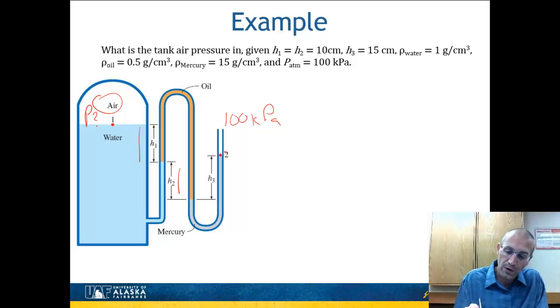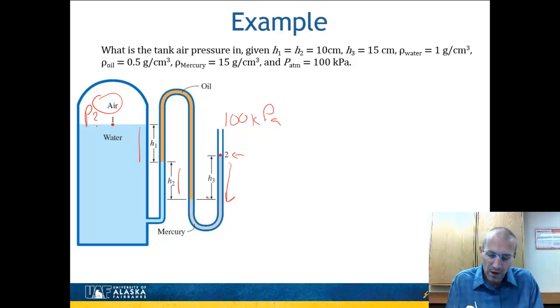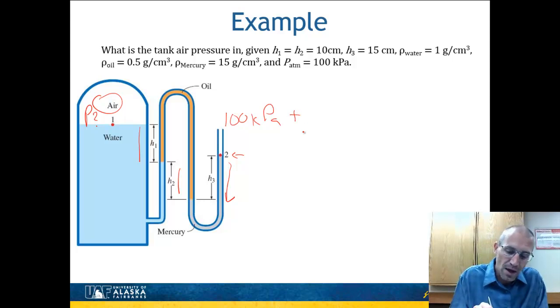Well, the way I'm going to solve this is I'm going to start off with my 100 kilopascals, which is the pressure right there, and imagine you're like a scuba diver. I'm going to dive down to a depth of H3 through this mercury. The pressure would go up, so it's going to be 100 kilopascals plus the density of the mercury times gravity times the H of the mercury. That's H3.